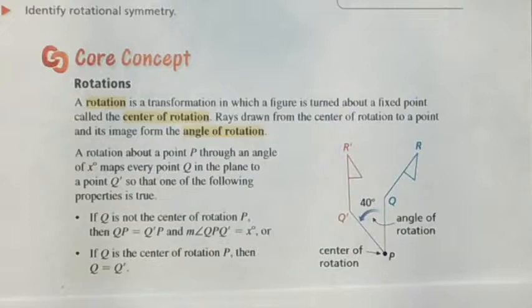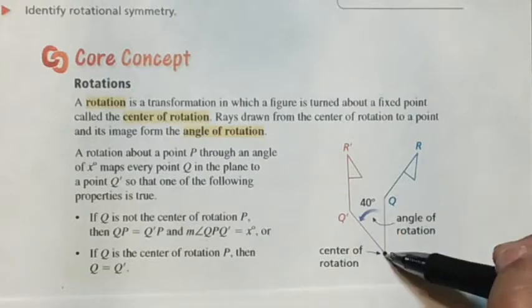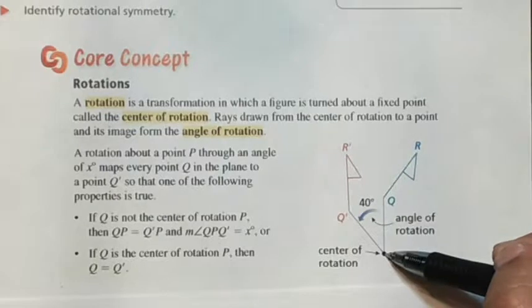Alright, core concept: rotation is a transformation in which a figure is turned about a fixed point. That point is called the center of rotation. Rays drawn from the center of rotation to a point and its image form the angle of rotation. Looking at this diagram, this is the center of rotation.